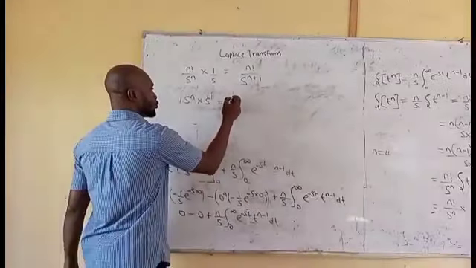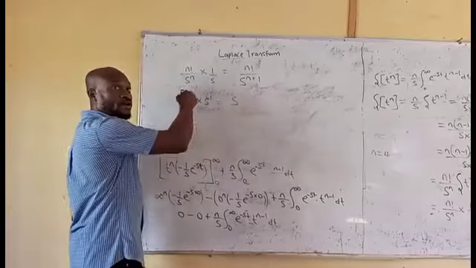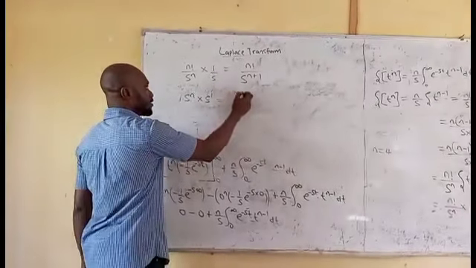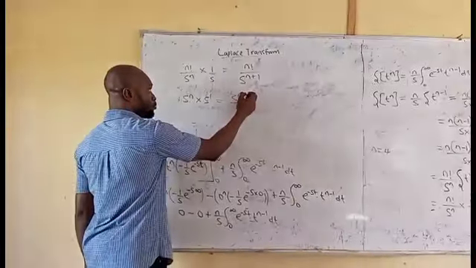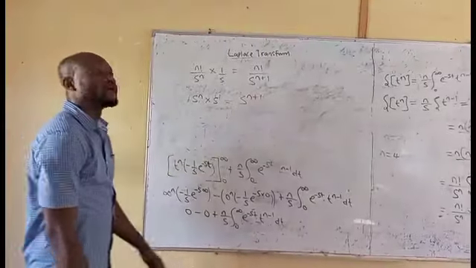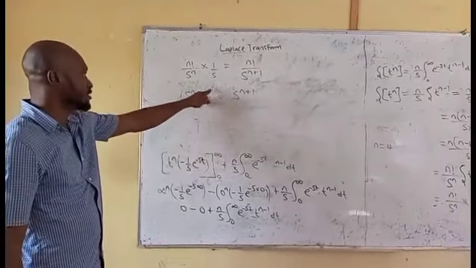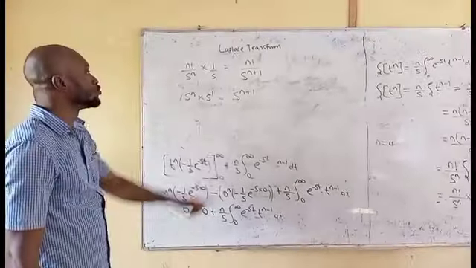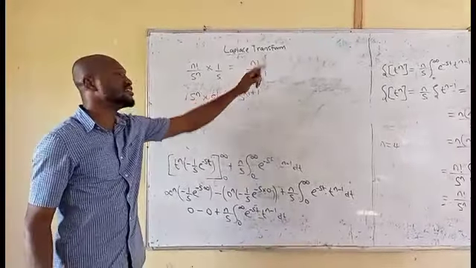You pick one. So you now say s raised to the power of the first power is n. Since it's times, it will be plus 1, because your s here is to the power of 1. So if you apply this, you are going to get it this way.